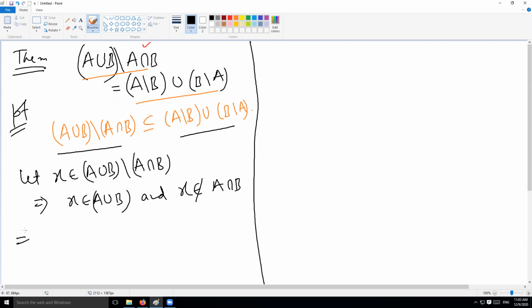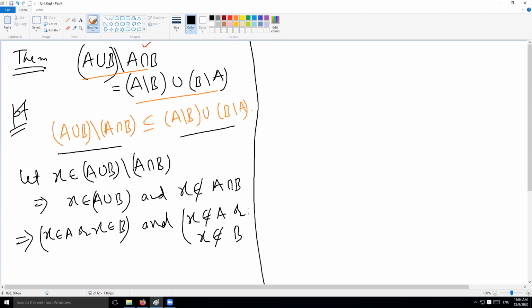But what is the meaning of X belongs to A union B? It means that X is in A or X is in B. And what is the meaning of X does not belong to the intersection? We have seen it previously. This means that X does not belong to A or X does not belong to B. These are the two things.